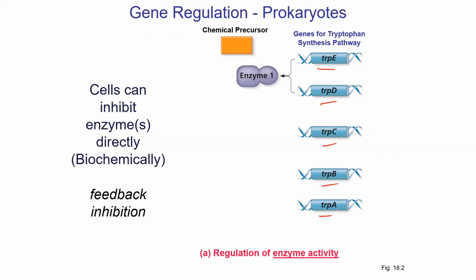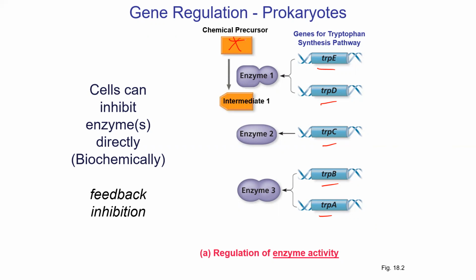And these 5 genes make enzymes. Actually, enzyme 1 is a 2-part enzyme. It's got 2 proteins that get put together. So anyway, it doesn't matter. We have this chemical precursor right here, and it's going to get converted by these enzymes. You get these intermediates, and then eventually you get your amino acid tryptophan.